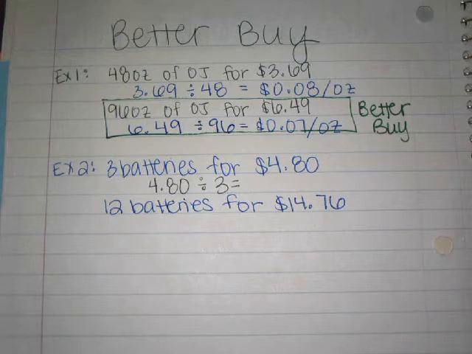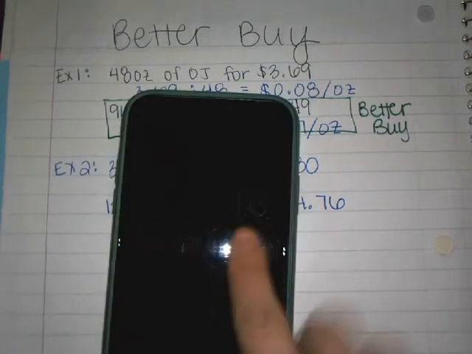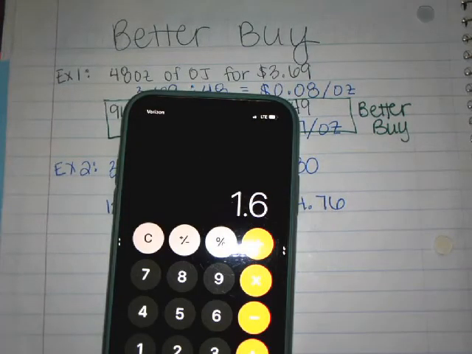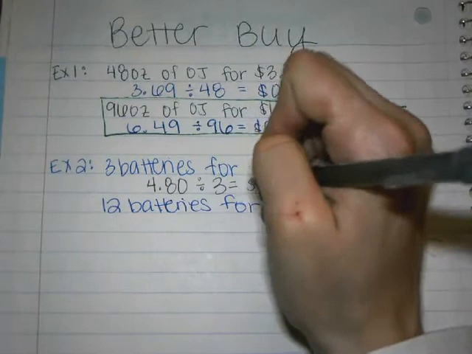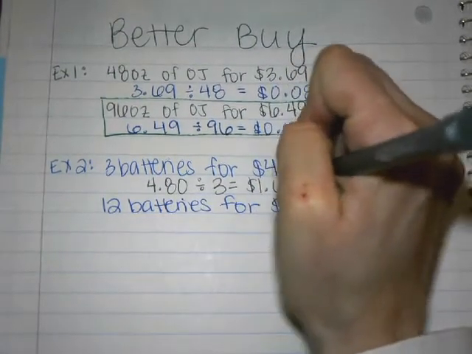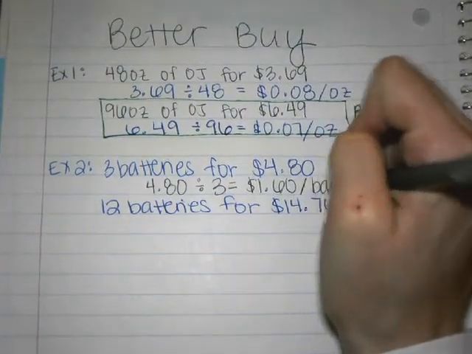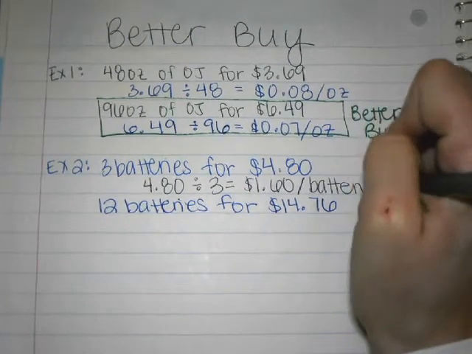Someone tell me, what do we get? 1.6. So if we get 1.6 in our calculator, what's it going to cost me per battery? Good. So make sure you write down $1.60 per battery.